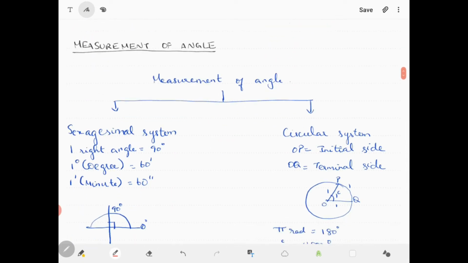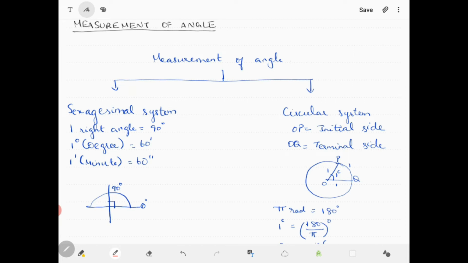Next one is the measurement of angle. The measurement of angle, we can have it as two types. One is the sexagesimal system, the other one is the circular system. In the first one, there are three references, like degrees, minutes and seconds.